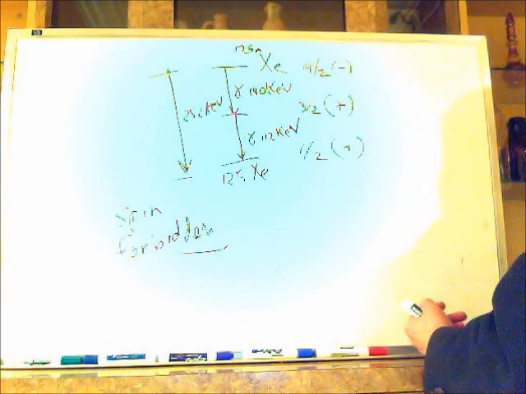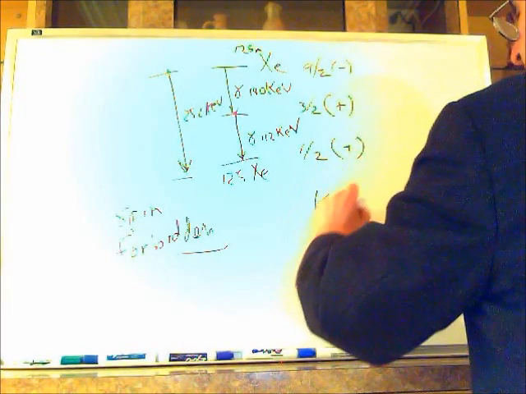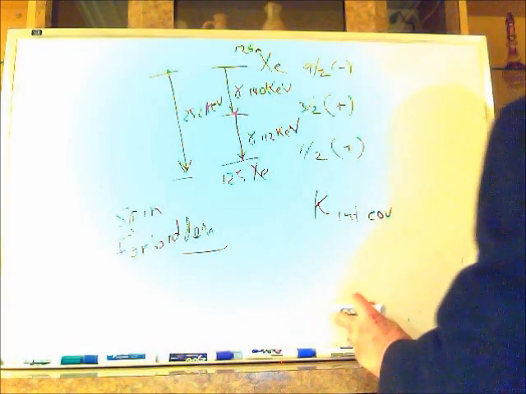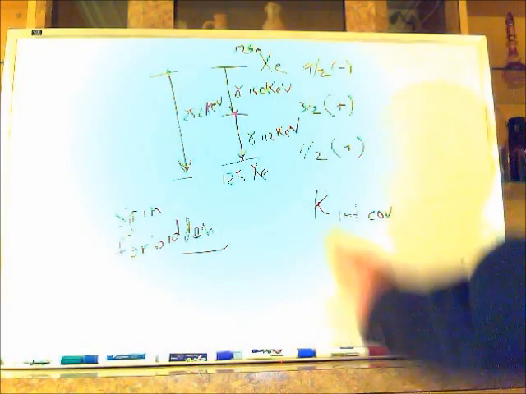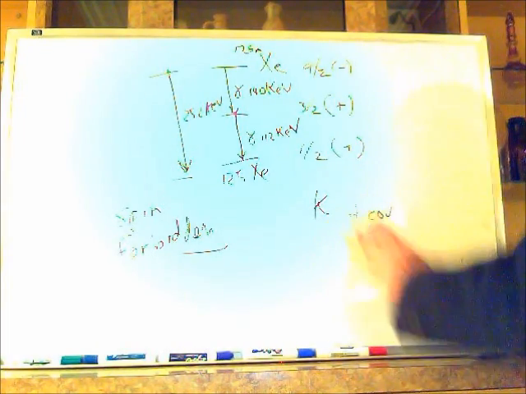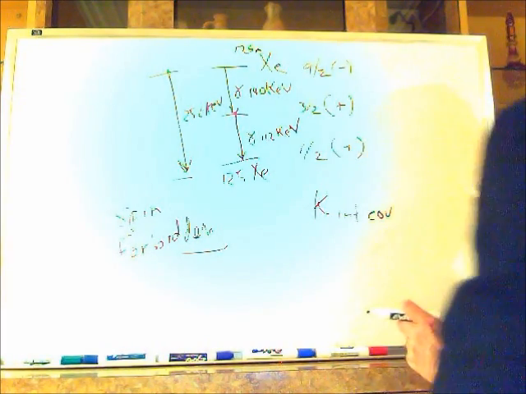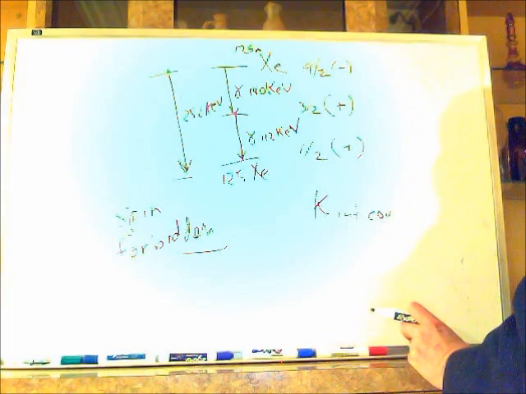It could come from other shells as well, but as we're going to see momentarily, the K-shell is the most probable. We would write that as K-INT-CONV, which is K internal conversion. If we see this designation, it's telling us that we've emitted that K electron. That's where that excess energy is going. The kinetic energy of the conversion electron is the transition energy minus the electron binding energy.